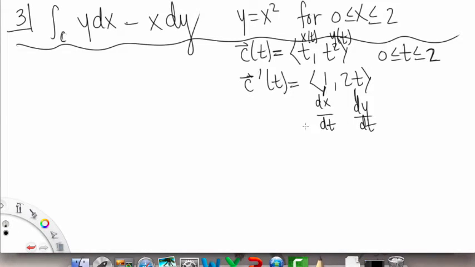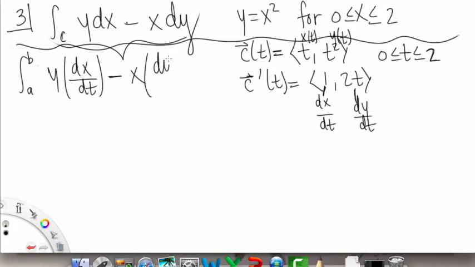So you see that, and now let's look at the integral. What we have is an integral from a to b of y times dx dt minus x times dy dt, and everything times dt.